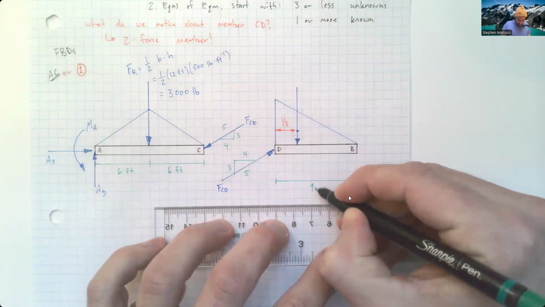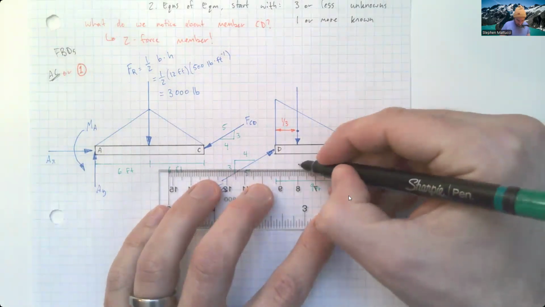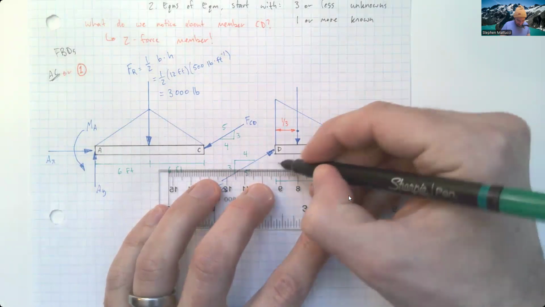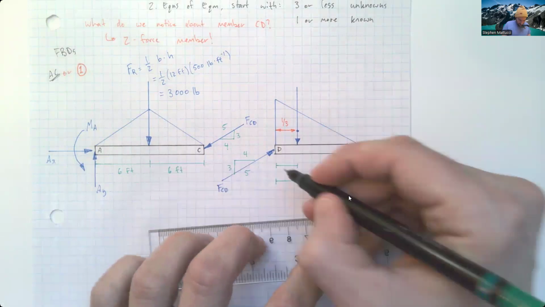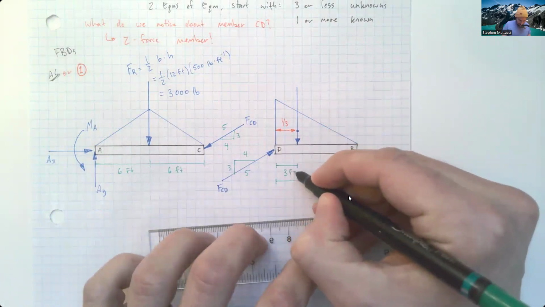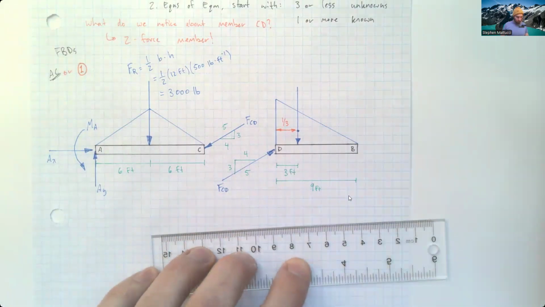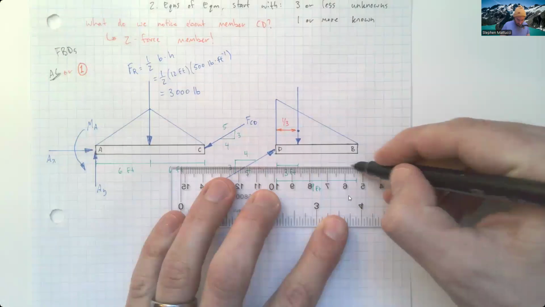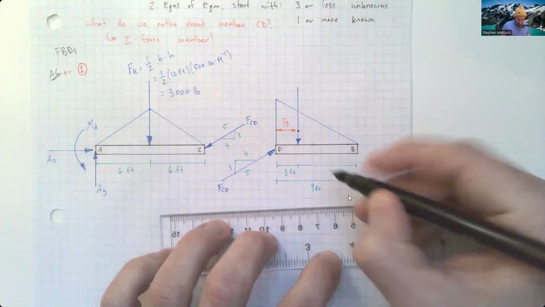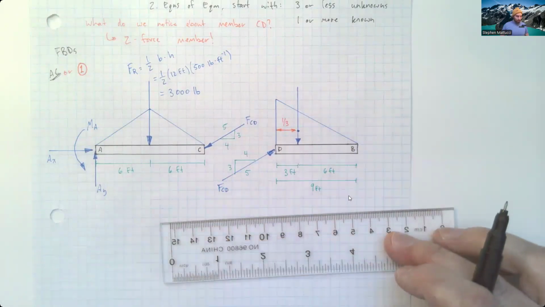So if this is 9 feet, that means that this distance is going to be 3 feet. And then this side over here is going to be 6 feet.